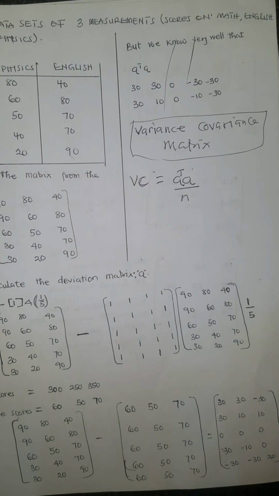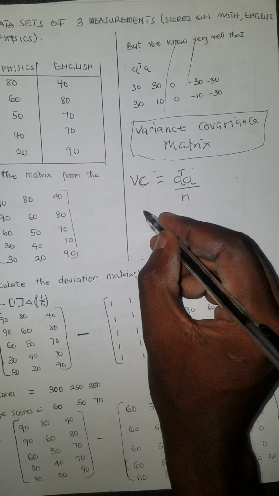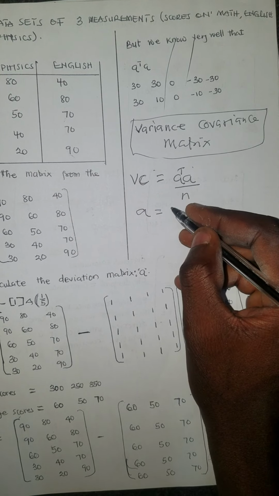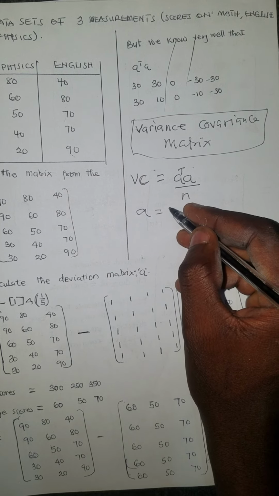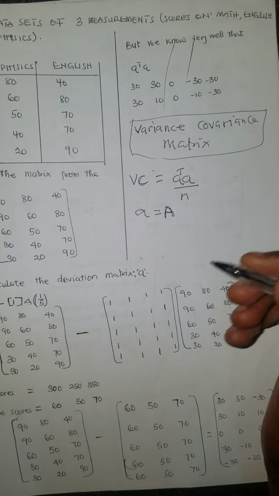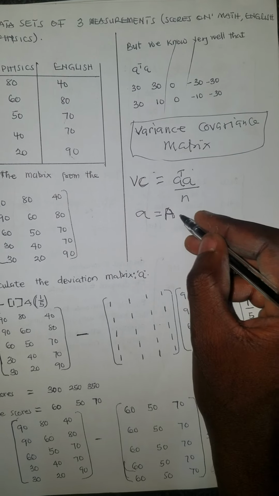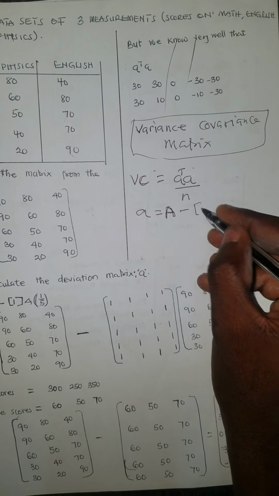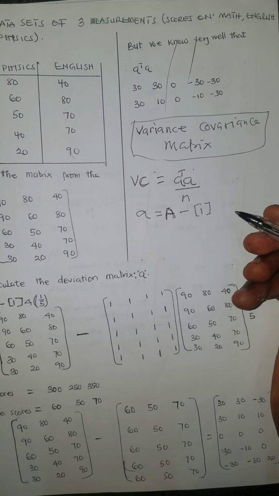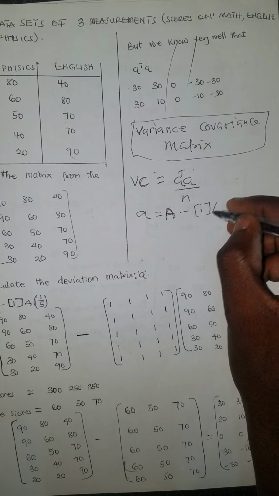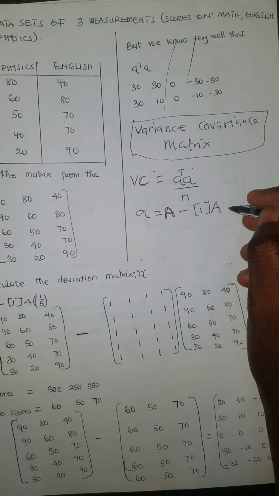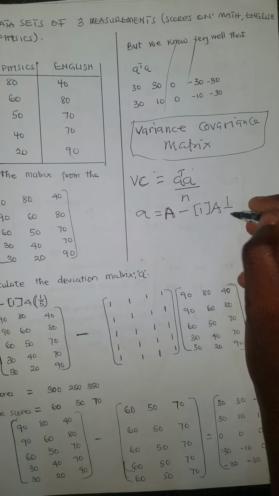We said that the deviation matrix is equal to the matrix given, which is A, the matrix gotten from the data set, minus the unitary matrix times the matrix from the data set, the mean matrix, multiplied by n.